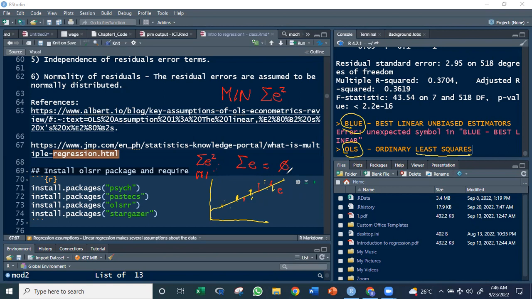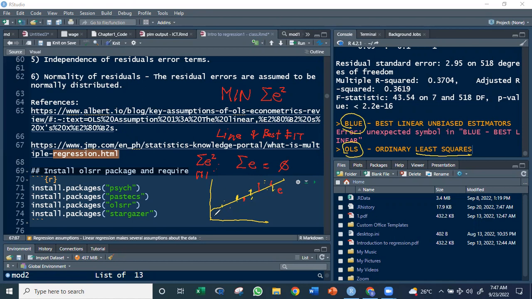That's why it's called the line of best fit. That's the line of best fit, and it's a unique line, which means it's only one line.